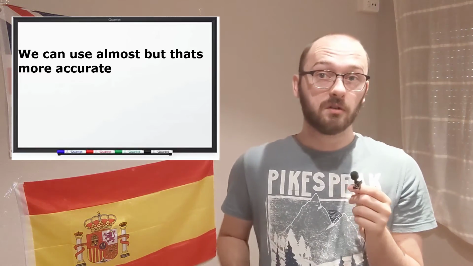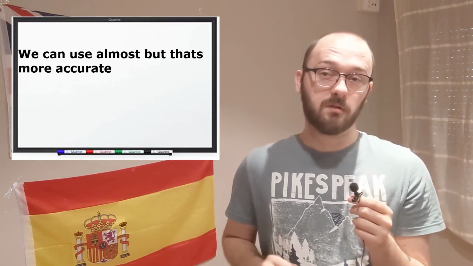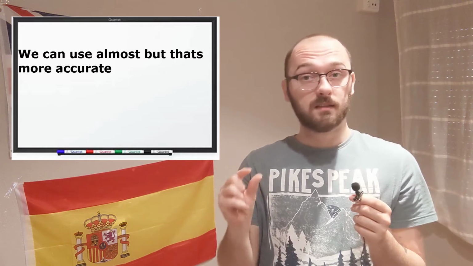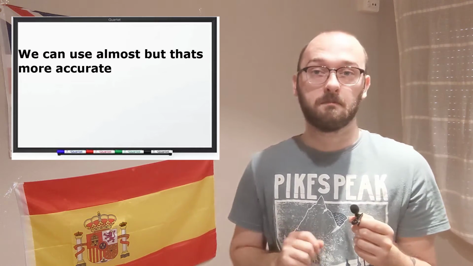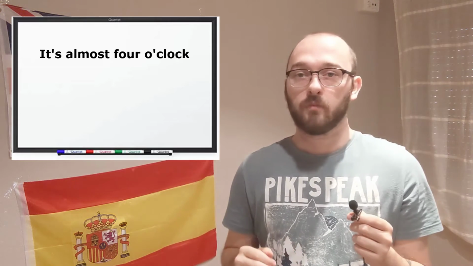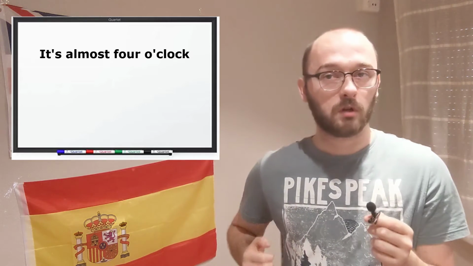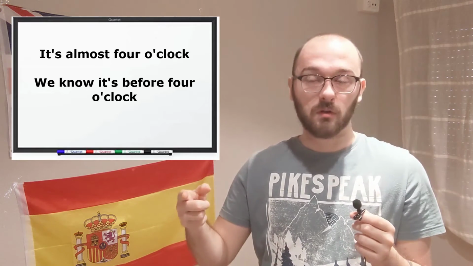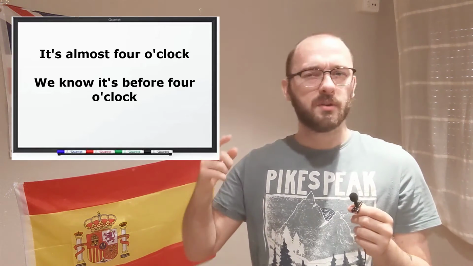We can also use the word almost, but that's slightly different. That's a little bit more accurate. We can say, for example, the time. It's almost 4 o'clock. In this case, we know it's not 4 o'clock, it's before, but we don't know exactly how much before 4 o'clock it is.